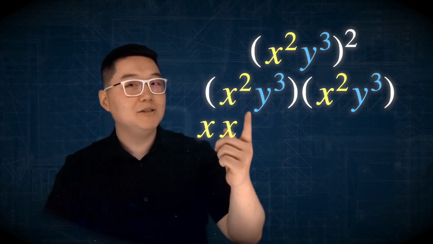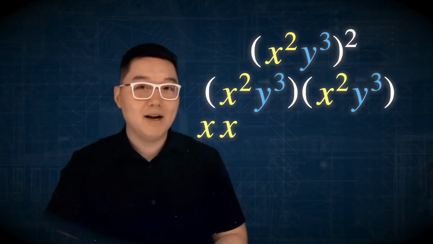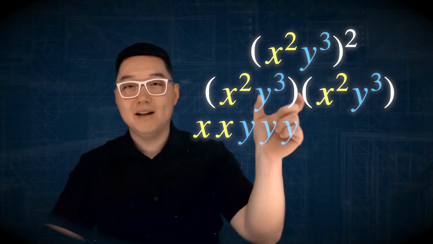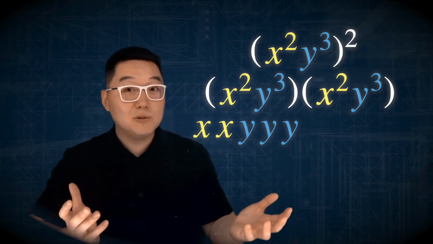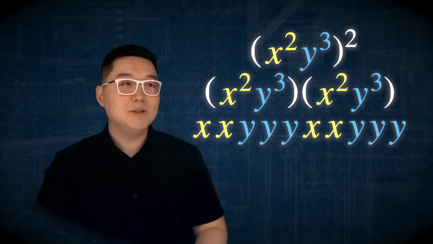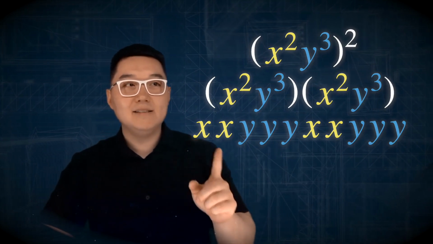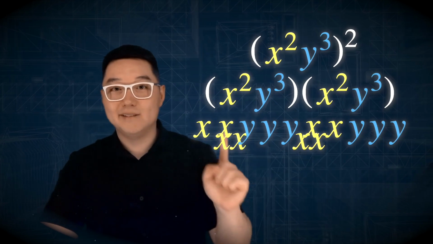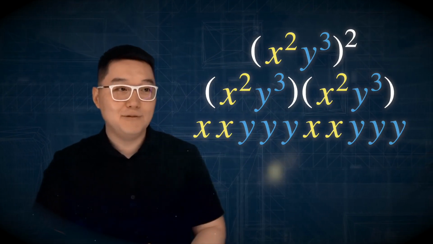And same with y to the third, which can be broken up into y times y times y. We can do the exact same thing for the other expression, because it's just copied twice. And there you go. So now what do we have? We see x is being multiplied by itself a grand total of 4 times. So really we have x to the fourth.